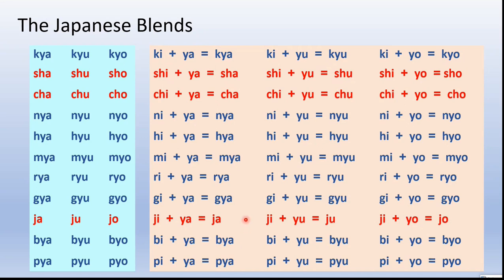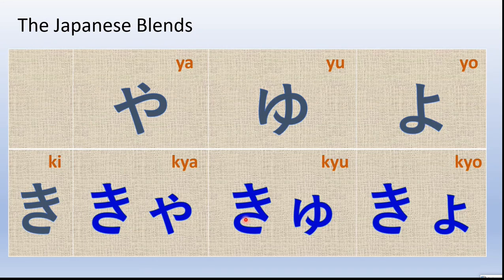So now we will look at how to write the blends in hiragana. The rule is that first you write the main sound alphabet as is. It means if we want to combine ki with ya, we write the ki sound as it is, in terms of the size and appearance of that letter, and then you write either ya, yu, or yo half the size of the main sound.